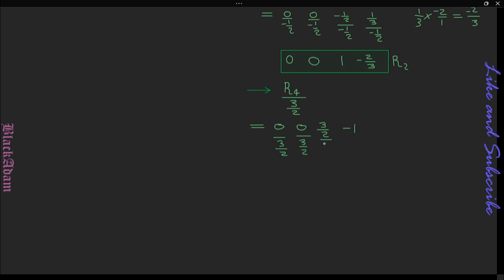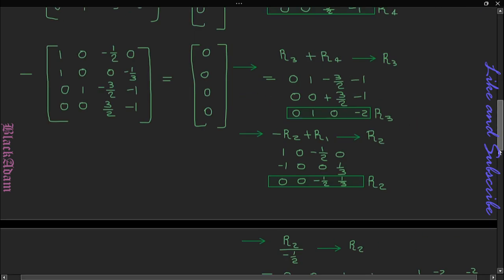Divide by 3/2, and that gives us 0, then 0, that gives us 1, and that gives us negative 2/3. All that would be row 4.